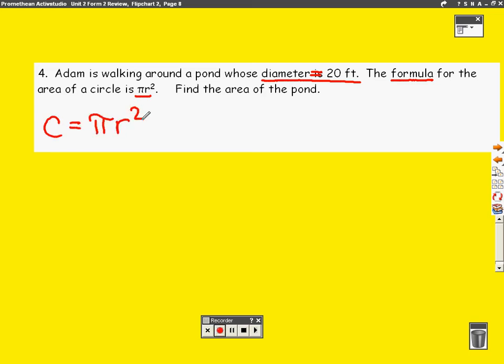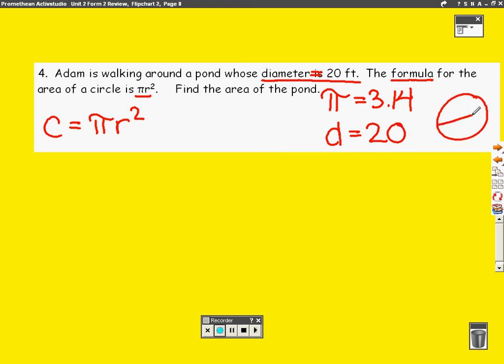And we know from other problems in class that pi is going to equal 3.14. We're not told what the radius is here, but we're told the diameter is 20. In a circle, the diameter goes all the way across, and the radius is only half. So if we take half the diameter, we'll get the radius.